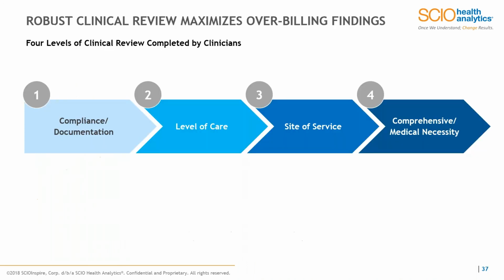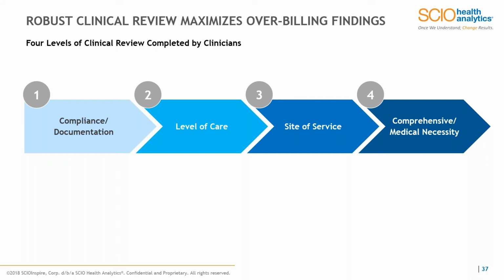Clinical reviews are used to identify overpayment due to overbilling. Again, I'll reference the results from our first polling question. Overbilling can be very difficult to identify and uphold without a robust clinical review and dispute process.